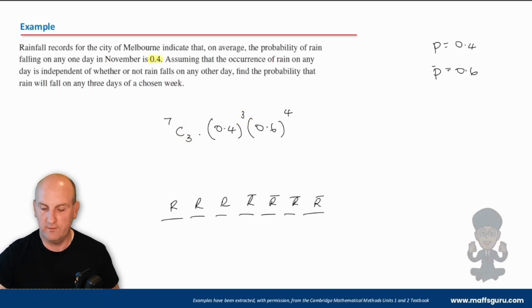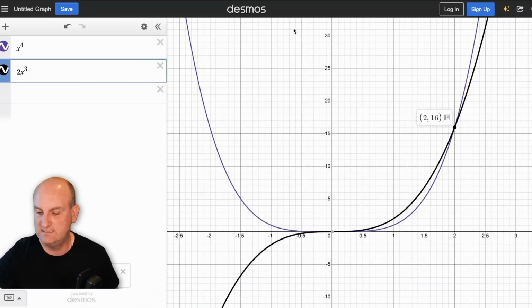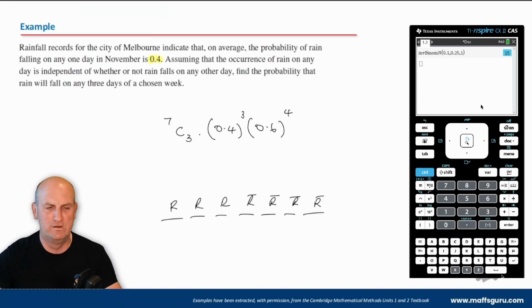So now, if I want to, I can fire up my calculator. He says, doing Desmos again every single time. And so what I can now do is nCr. I know I can just type that on my calculator.